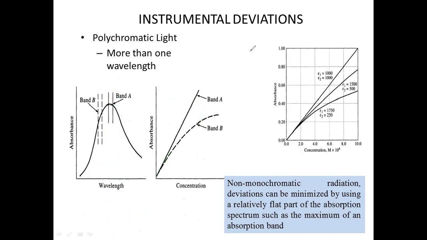Generally in a UV spectrophotometer, we have to use a wavelength selector, which will try to give us monochromatic radiation. That depends upon the bandwidth of the monochromator. Some monochromators have a larger bandwidth, say 200 nanometer.